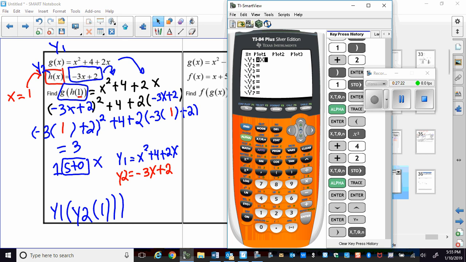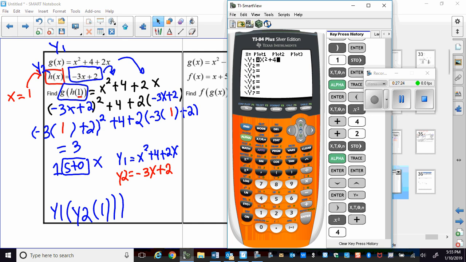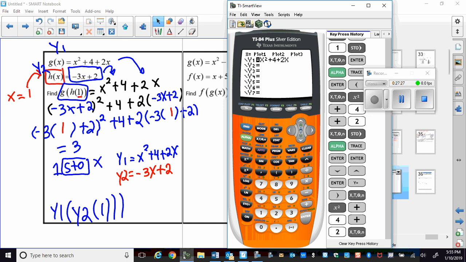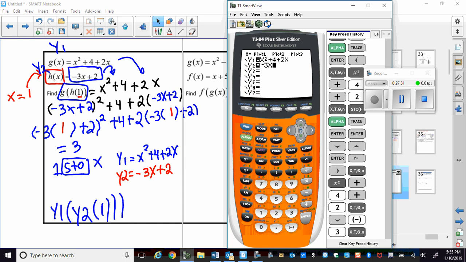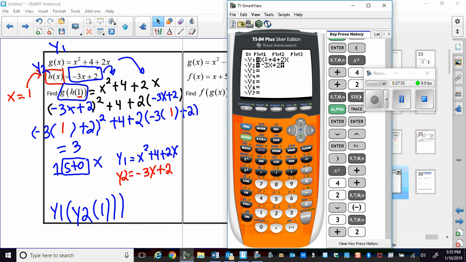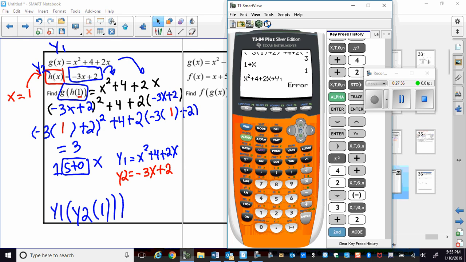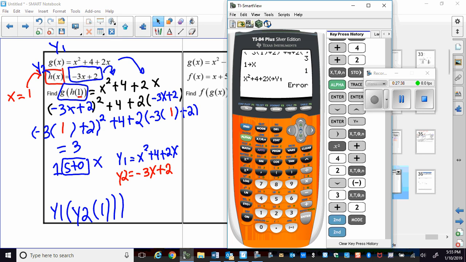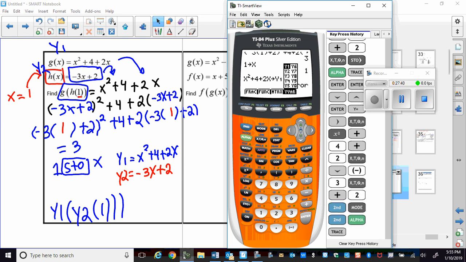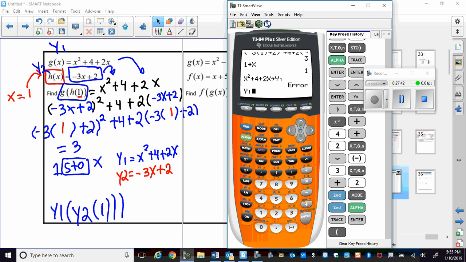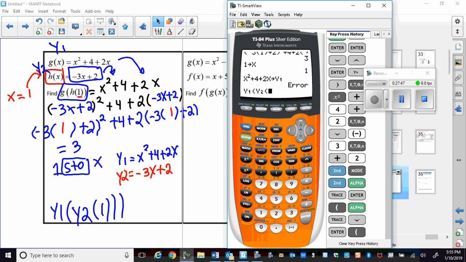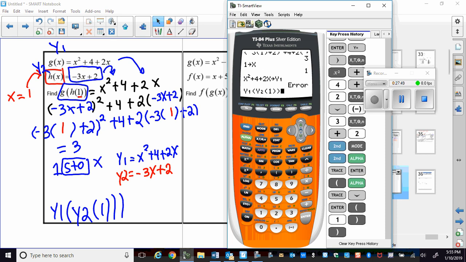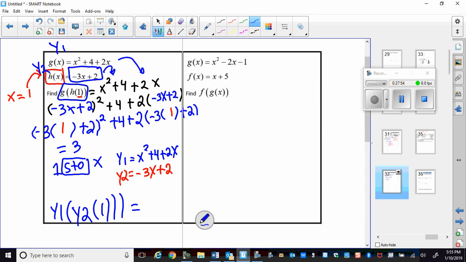So x squared plus 4 plus 2x. You can only use this method when there's a number in the middle. Negative 3x plus 2, second mode. And we press alpha trace, enter, parentheses, alpha trace y2, parentheses 1, close parentheses, and enter. And we get 3. That's graphically.